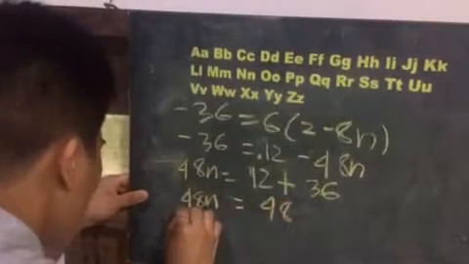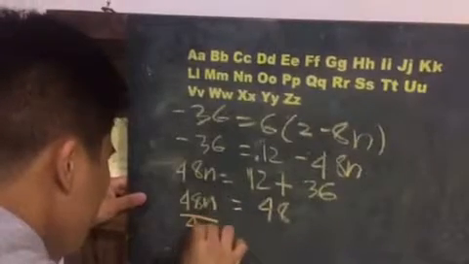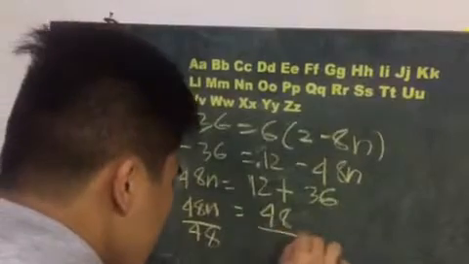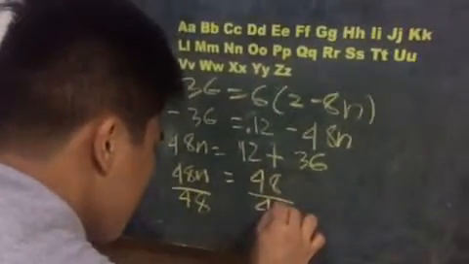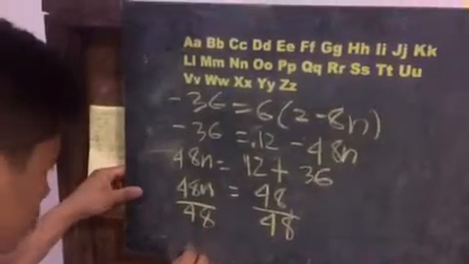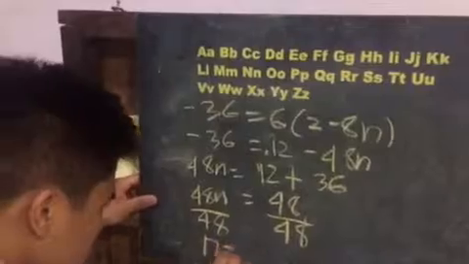So we will divide 48n by 48 and 48 by 48. So our n is equal to 1.